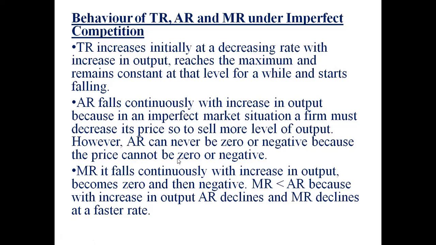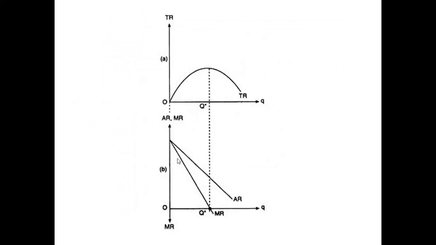It's a well-known fact. So AR falls continuously, because with more and more goods sold in the market, the overall price level will be affected. Hence AR is a downward sloping curve.